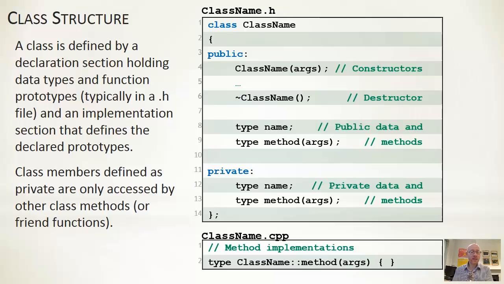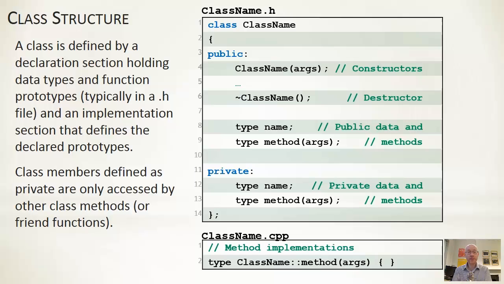We have a public section, so public colon, and then everything that follows after that has a public scope. It's generally accessible. Private colon down at line 11, everything after that is private, only really accessible within the class, or on some special occasions, for example a friend function, where you permit it to get access.